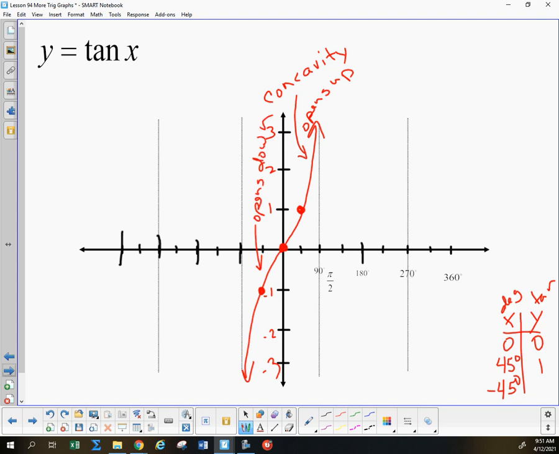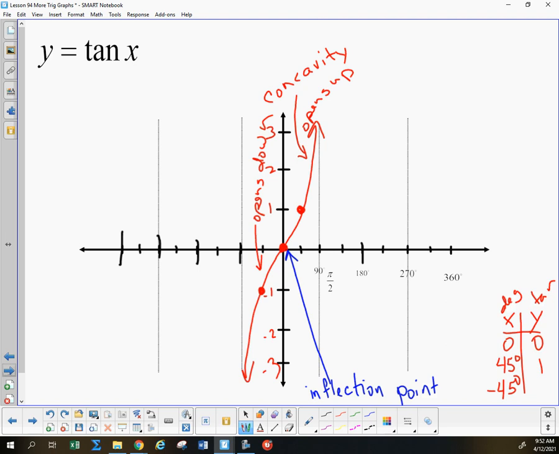You will talk about this next year, and I'm not going to really talk about it other than today, but this is what we call an inflection point, because it changes from concave down to concave up. Inflection points are where they change which way they curve. So that looks kind of like a piece of a y equals x cubed graph. Different points, but kind of looks the same. To kind of help remember what's going on with that.